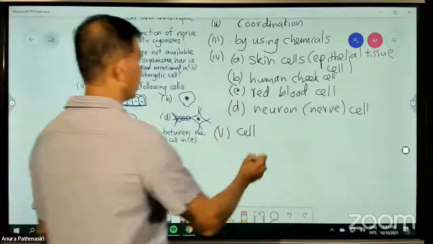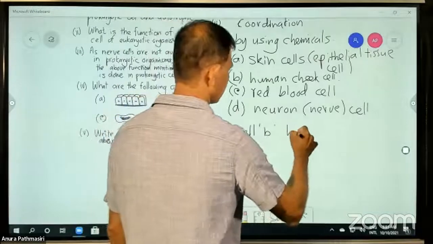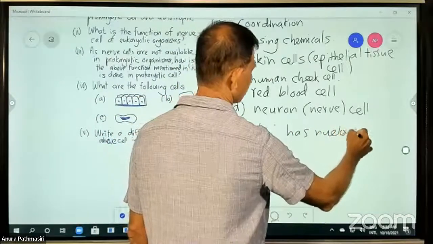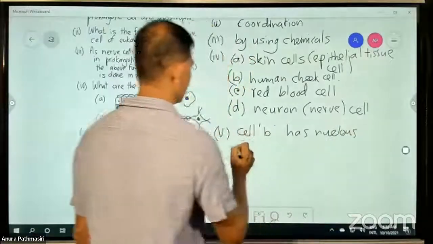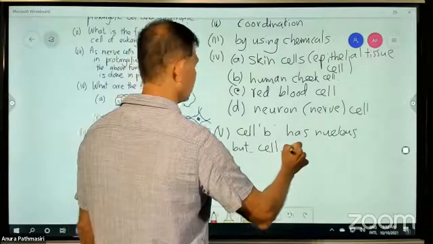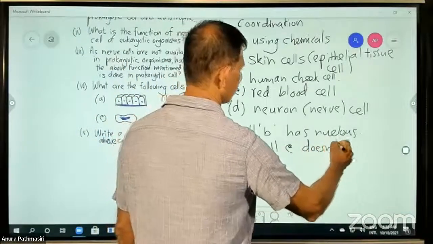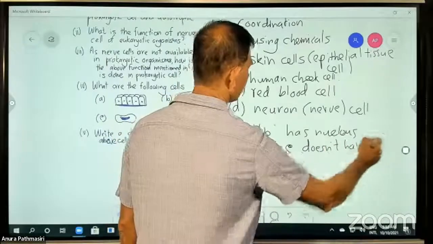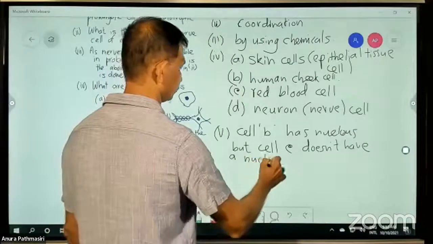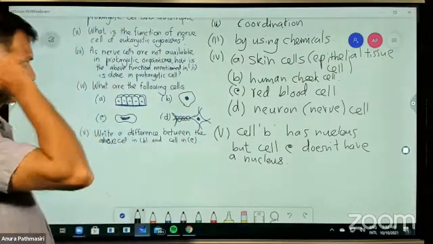So better you write: cell B has a nucleus, N-U-C-L-E-U-S, but cell C doesn't have a nucleus.